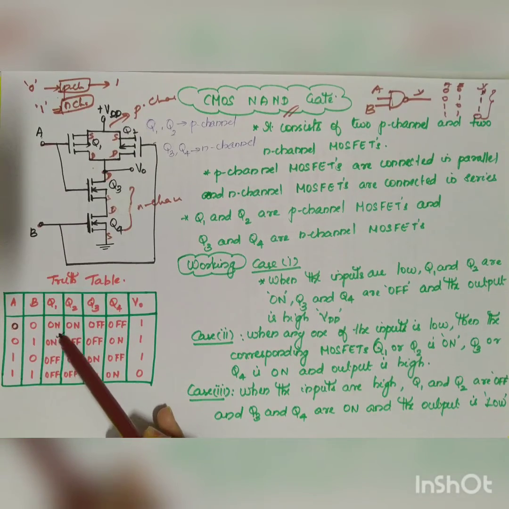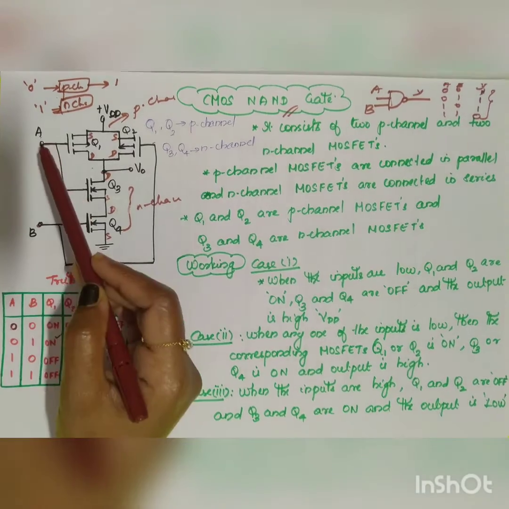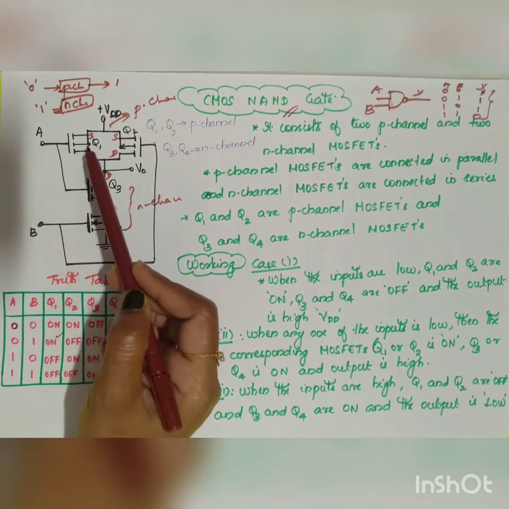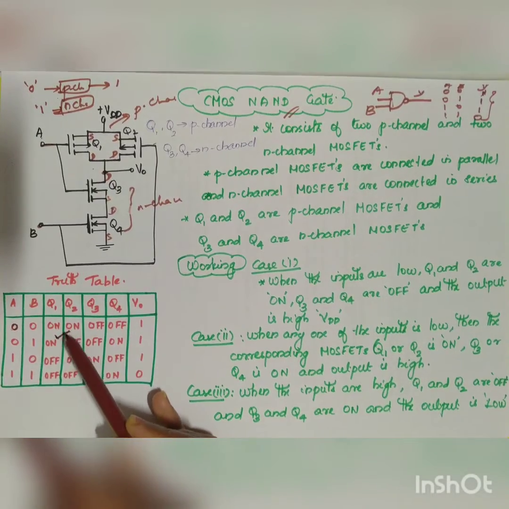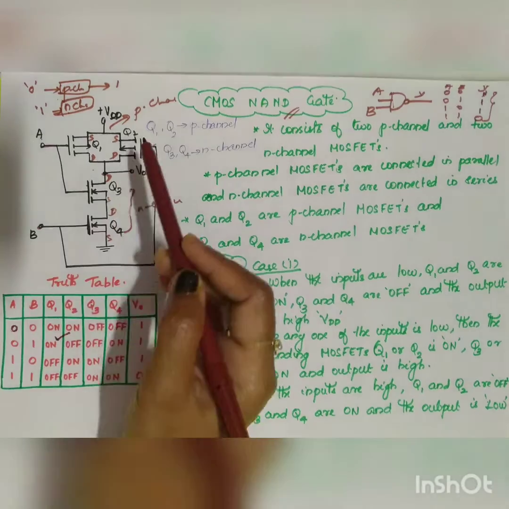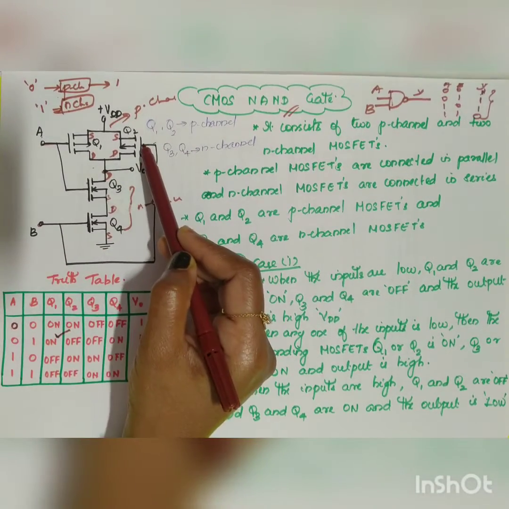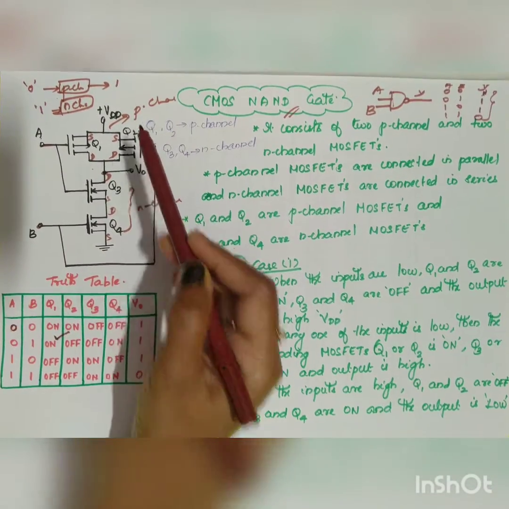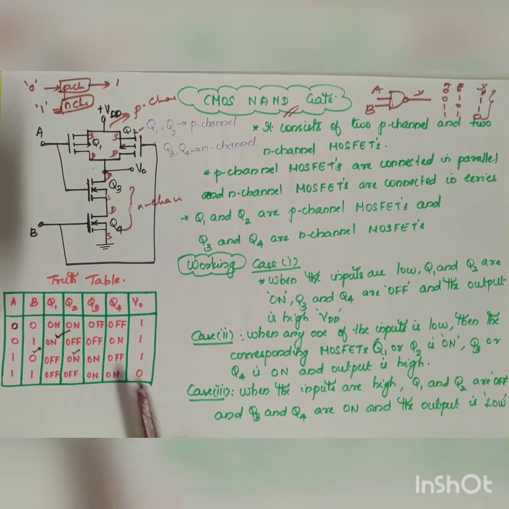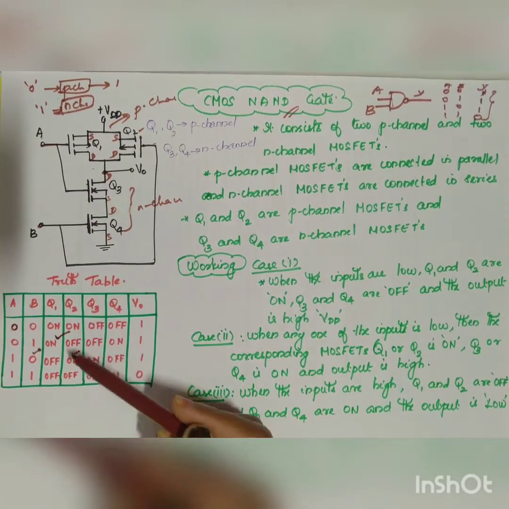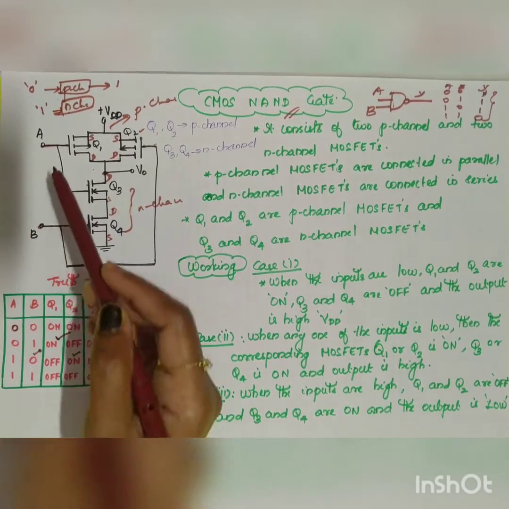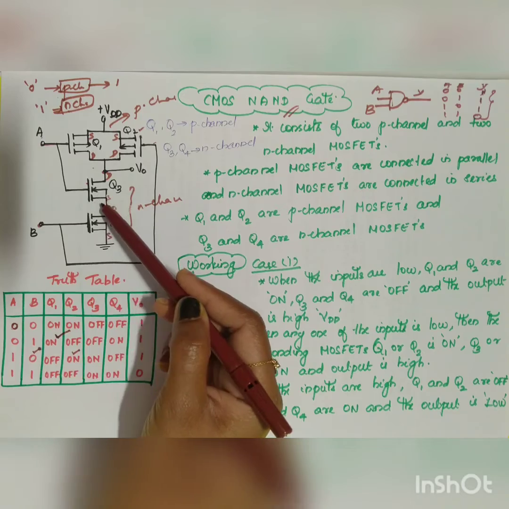The corresponding P channel transistor will be on. For example, if A is connected to Q1 and A is low, then Q1 will be on, right? Similarly, in this case B is equal to 0. So B is connected to which P channel? Q2, right? So when B is equal to 0, Q2 will be on. And here in this case A is equal to 1. So when A is equal to 1, which N channel will be on?